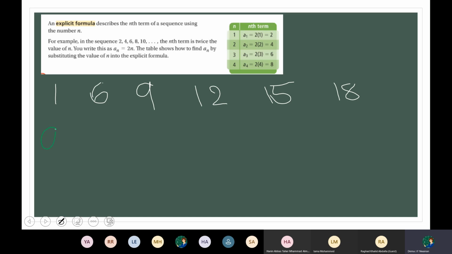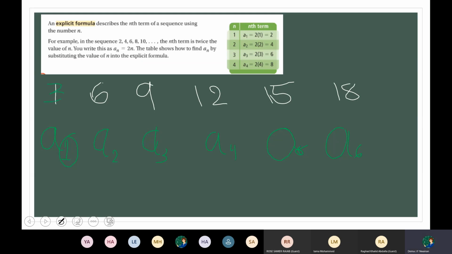I will say this is the first term. This is the second term. This is the third term, the fourth term, and the fifth term. They are all multiples of 3. The sixth term. Now, look here. It is number 1.